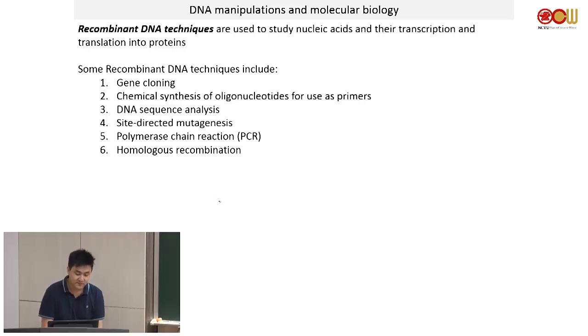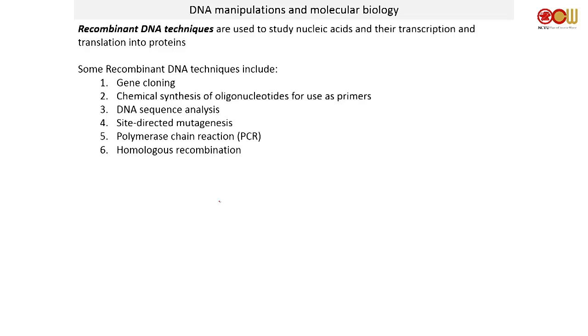Some recombinant DNA techniques include gene cloning, because you need to be able to clone a gene in order to study the gene. Chemical synthesis of oligonucleotides for use as primers, because how else do you have primers to do PCRs, etc. You have DNA sequence analysis, sequencing.